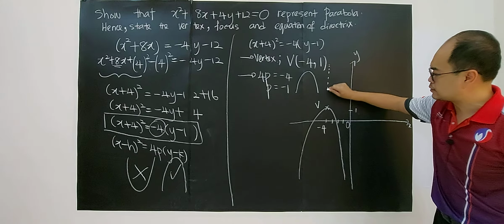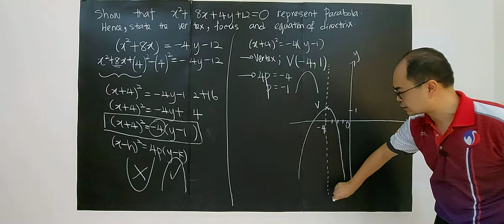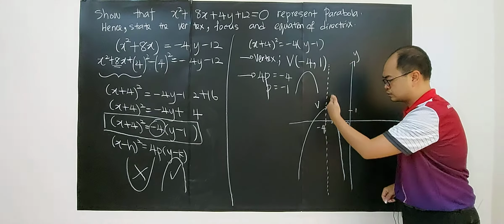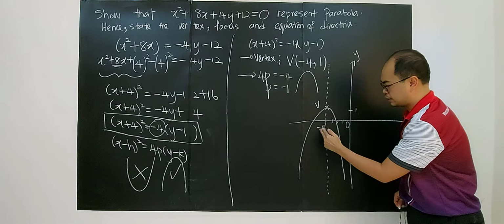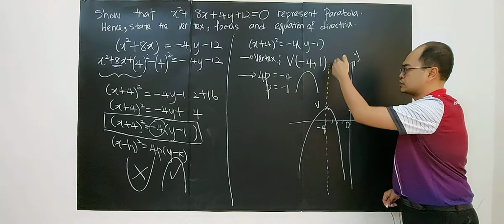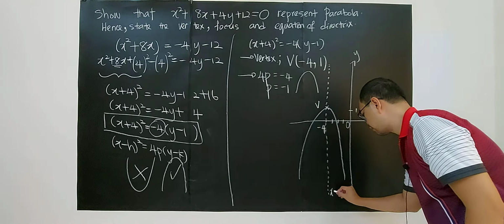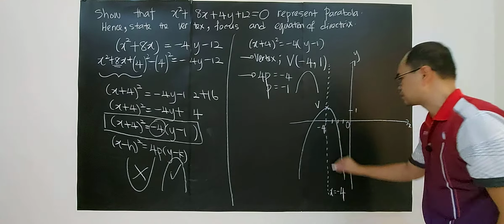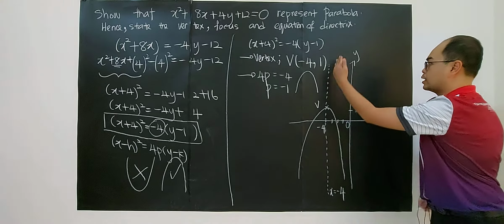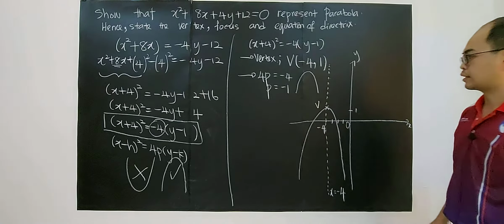And we have an axis of symmetry, which passes through negative 4, so it is x equals negative 4. If you want to state it in detail, this is your axis of symmetry, which is parallel to the y-axis.